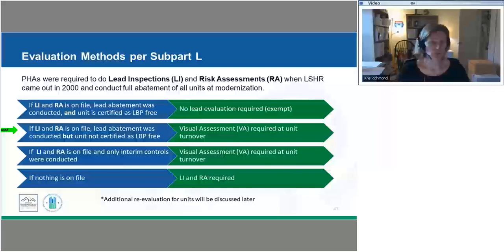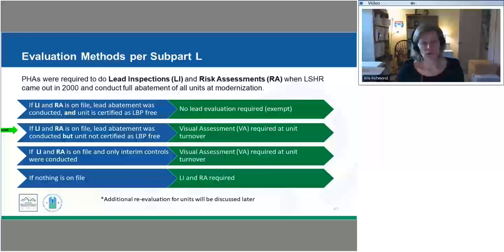If the inspector goes through and doesn't find any deteriorated paint and it passes the visual assessment, then the family can move in. Notification is not needed. The family would receive the disclosure notice about any previous knowledge of lead in the unit, in the common areas, and any records. So if it did pass, we don't have to do any work. They can just get the disclosure notice and any records.